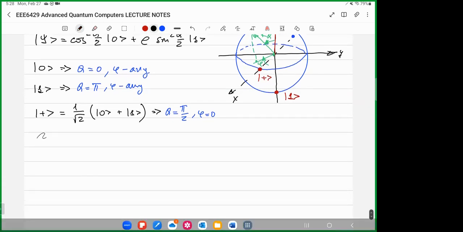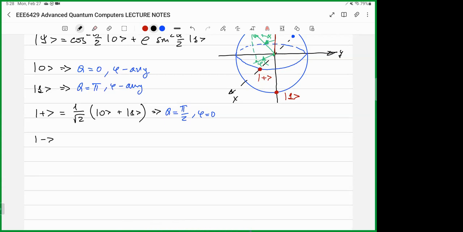So next, the state minus, which is again the linear superposition of the same, but with minus over here. So it is 0 minus 1.